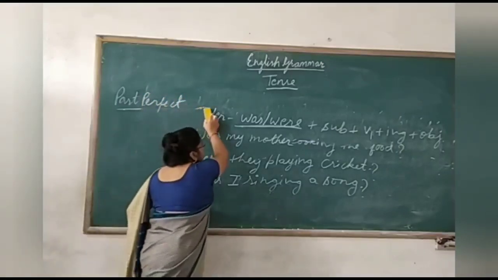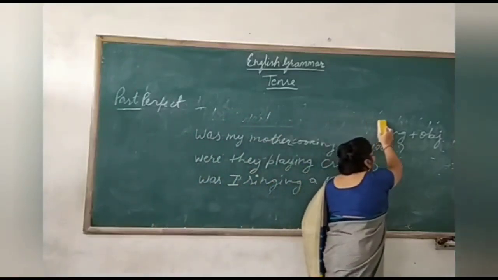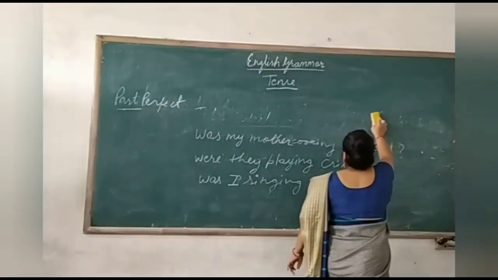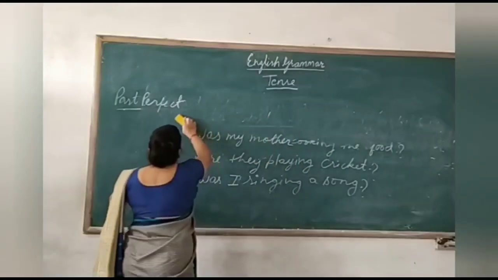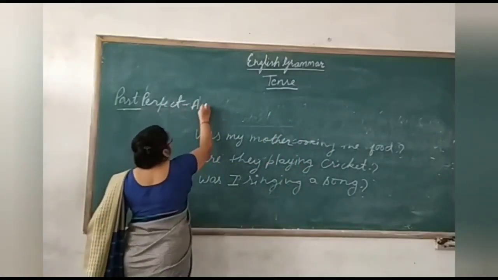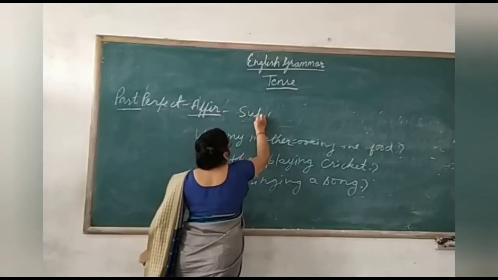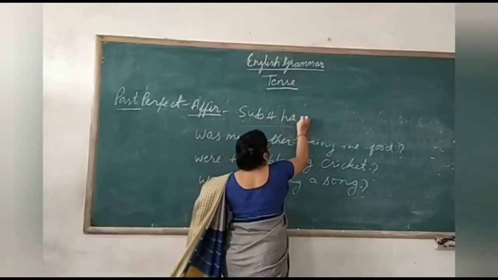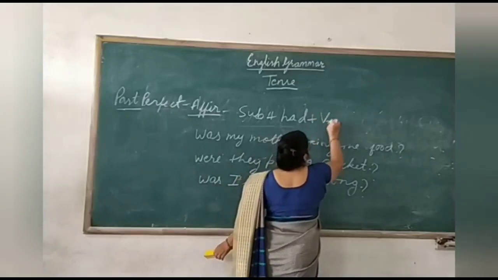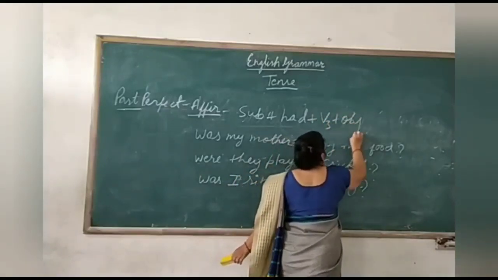Clear? So now we'll learn the next tense, that is past perfect. Now let us know the structure of past perfect tense. Okay? So affirmative structure will be, here see, subject plus had plus V3 plus object, children.